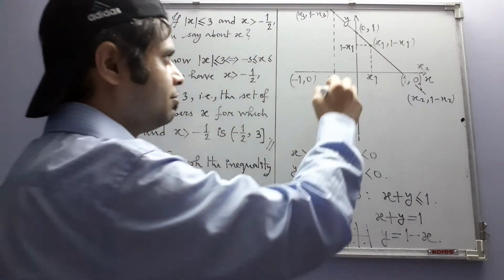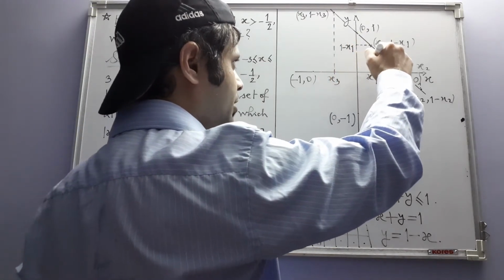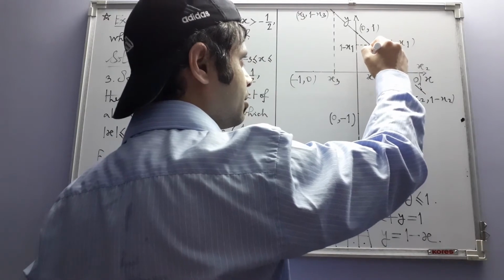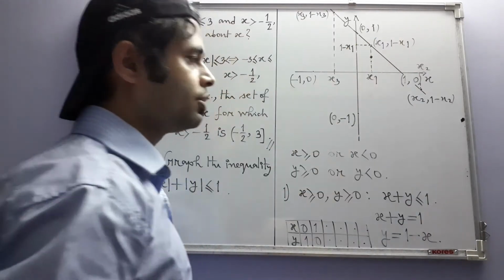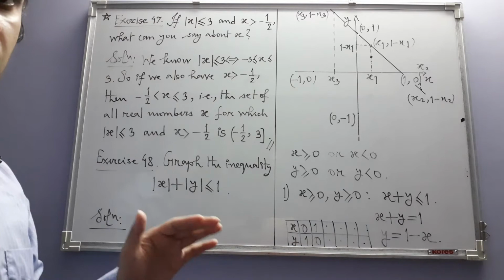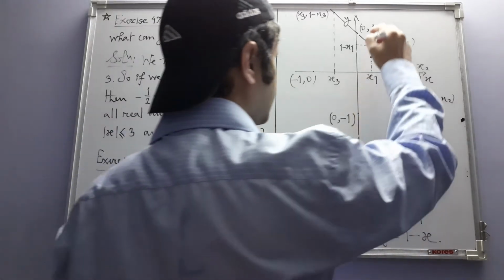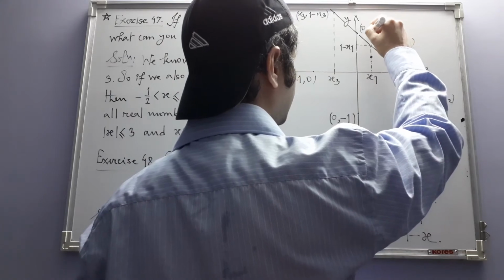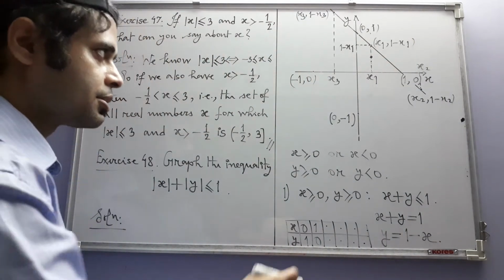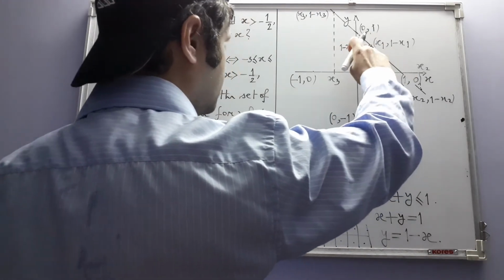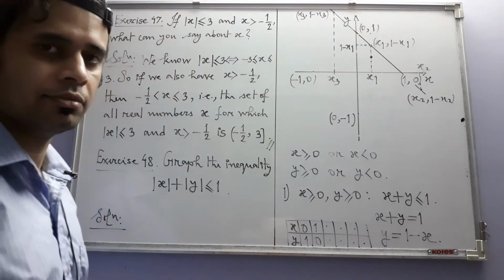Okay, if you take a smaller value of y with the same value of x1, you won't get this point, but you will get a point below that point. If you take a smaller value of y than 1 minus x1, if you take a larger value of y, then you will get a point here somewhere, still on this vertical line, but on a higher level.